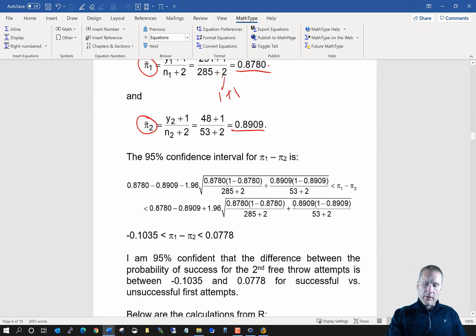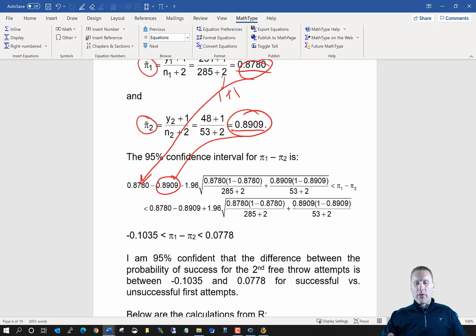Using that information, we plug in 0.878 for pi tilde 1 and 0.8909 for pi tilde 2. We do that throughout, and we can't forget about the little adjustment to the sample size. We get an interval of negative 0.1035 to 0.0778.